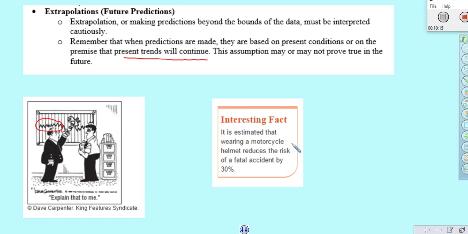Does that mean that fact is going to hold in 2016? What if that fact was from 2013, and since then there've been changes in motorcycle suspension or visibility or whatever, and now that percentage has changed. So we have to be careful about looking at data and making assumptions based upon something that may change, that may not be consistent, is what we're saying.